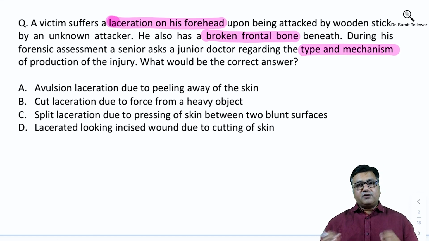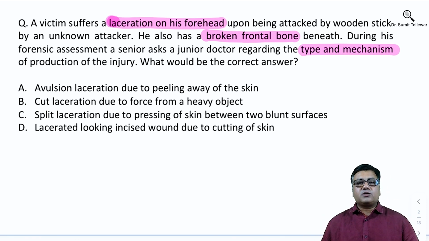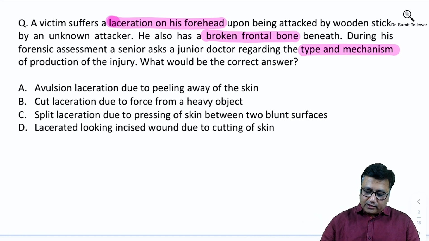Now, first and foremost, the concept on which this question is based. This concept has been repeatedly asked in examination multiple times. Multiple times means multiple times. High chances that this question or this concept may be repeated in the forthcoming examination also. And what is the concept here?